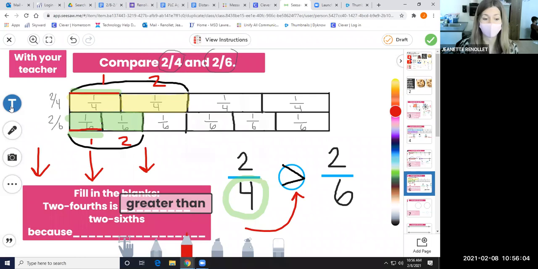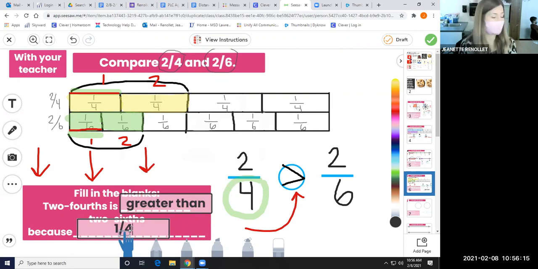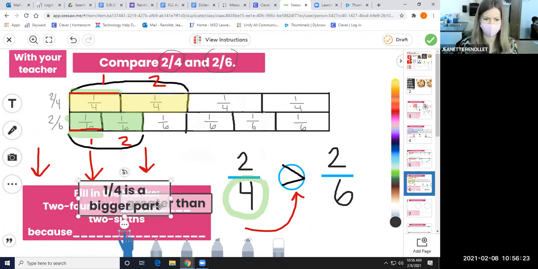Let's type that together. 2/4 is greater than 2/6 because 1/4 is a bigger part than 1/6.